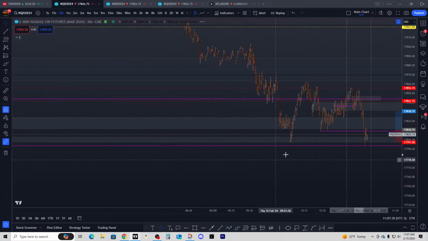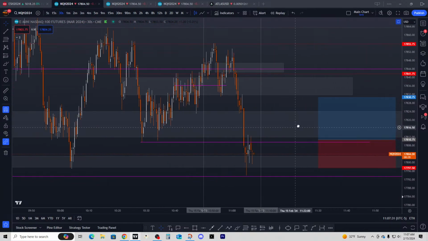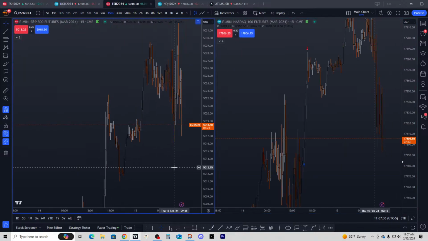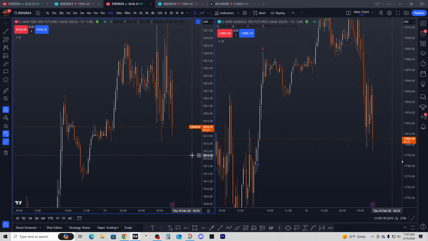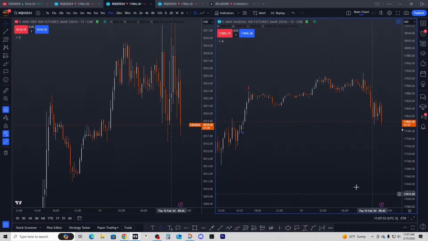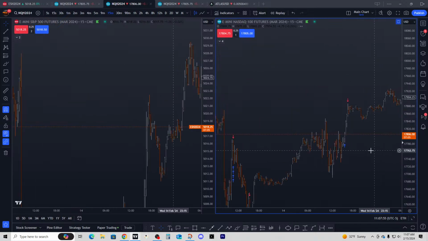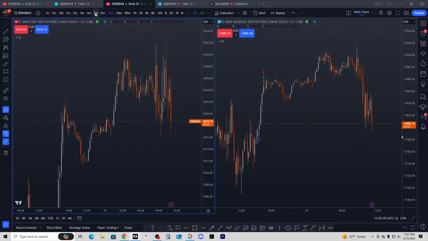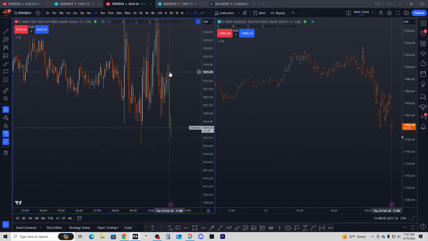I didn't want that low to be taken yet, so I don't really want to have a bias, because we got bullish SMT here. There's a lot of liquidity lower. Nothing on this chart's turning me on right now.